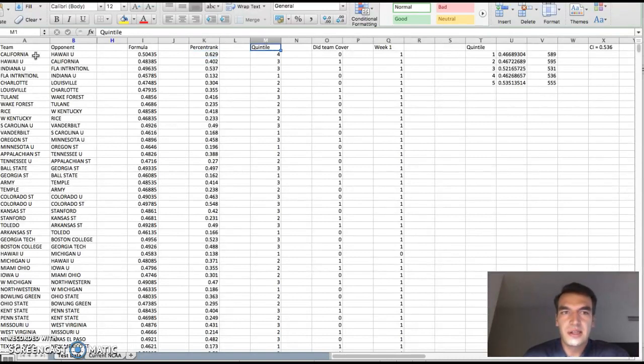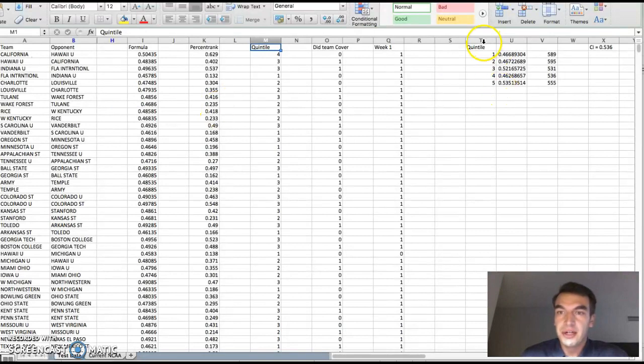For my first test, I separated them into quintiles. If you imagine 5 buckets and you just throw teams into buckets, the first bucket is basically those teams we expect to lose, and the 5th bucket is the teams we expect to win, and every bucket in between from 1 to 5.